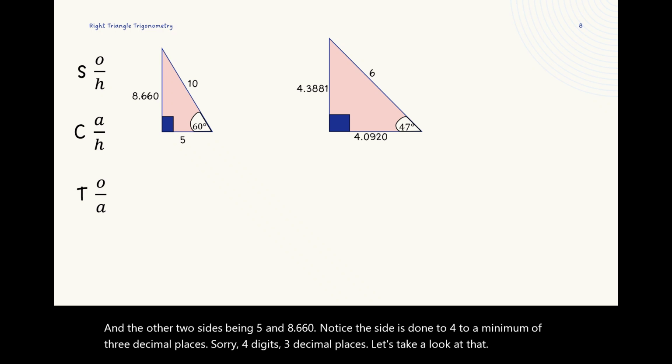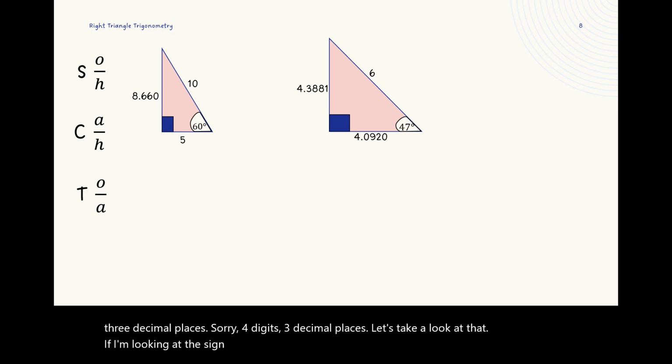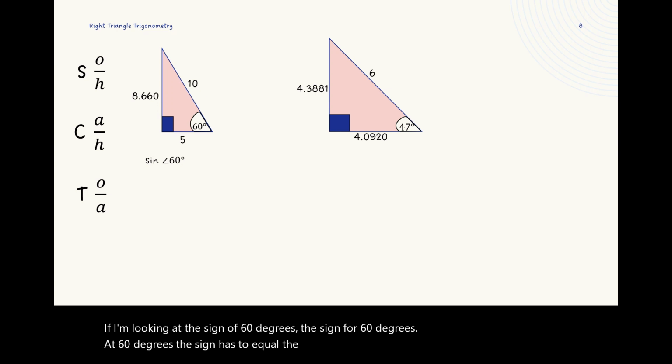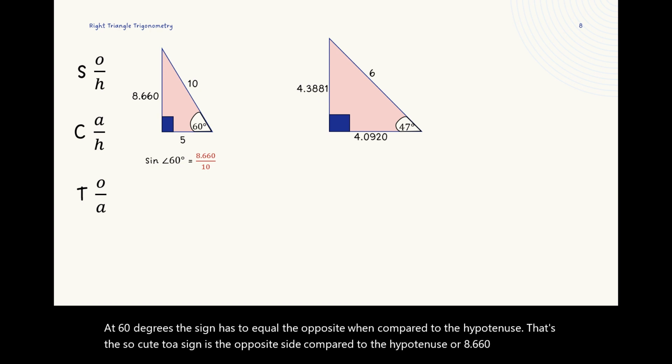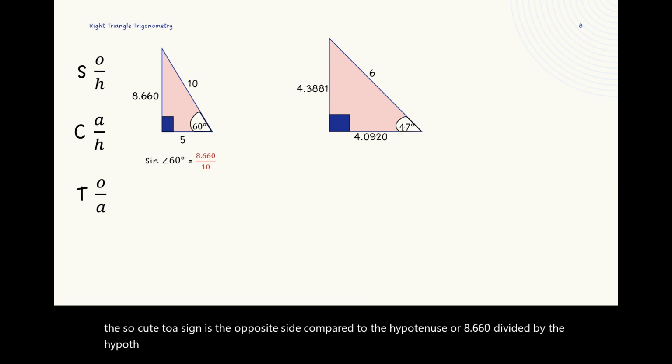If I'm looking at the sine of 60 degrees, the sine has to equal the opposite when compared to the hypotenuse. That's SOHCAHTOA. Sine is the opposite side compared to the hypotenuse, or 8.660 divided by the hypotenuse of 10.